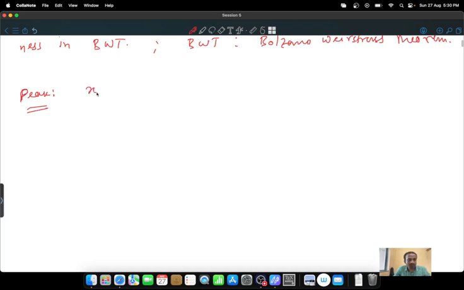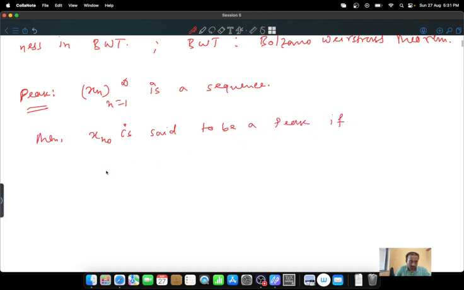So peak: suppose x_n is a sequence, then any member, say x_{n0}, is said to be a peak if x_n is less than x_{n0} for all n ≥ n0, right?